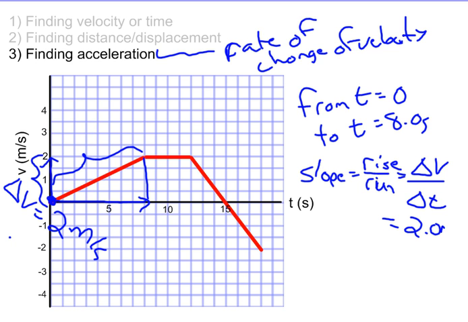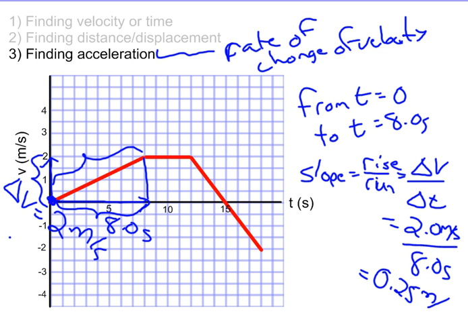So 2.0 meters per second is our change in velocity, and our change in time is represented by how far we run along the x-axis, and that is 8.0 seconds. So 2 divided by 8 is 1/4, or 0.25 meters per second squared as our acceleration.